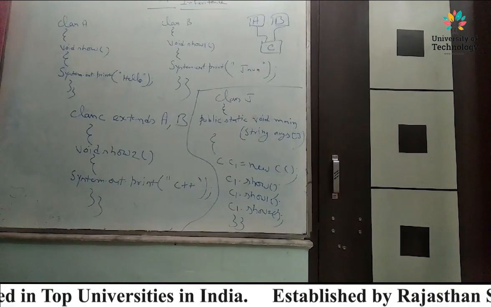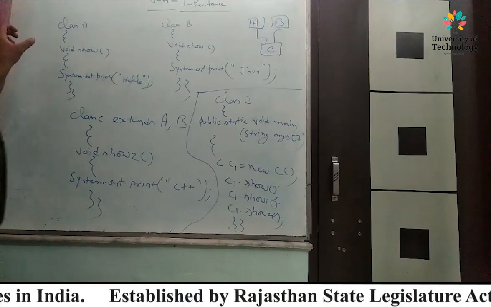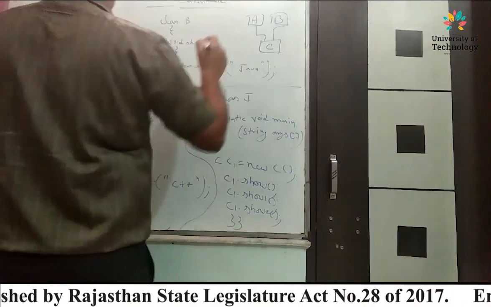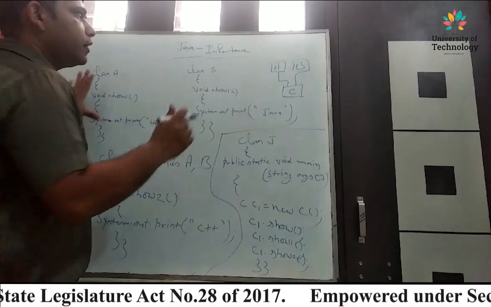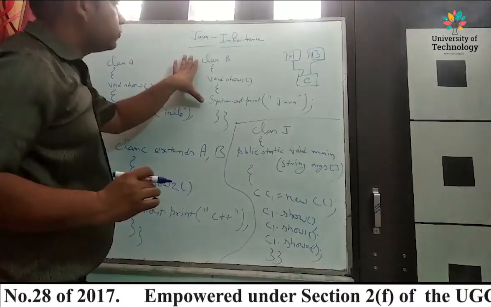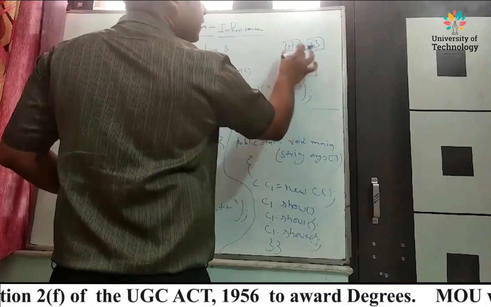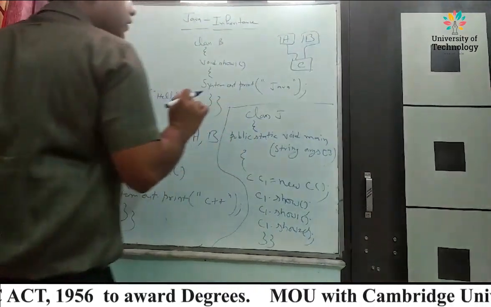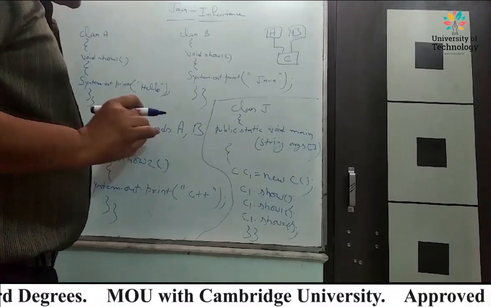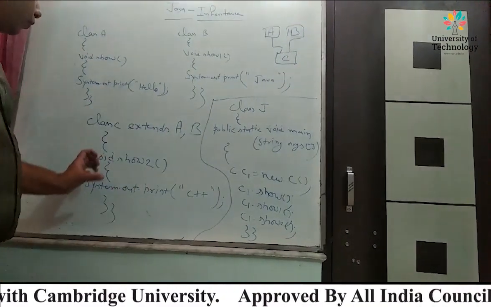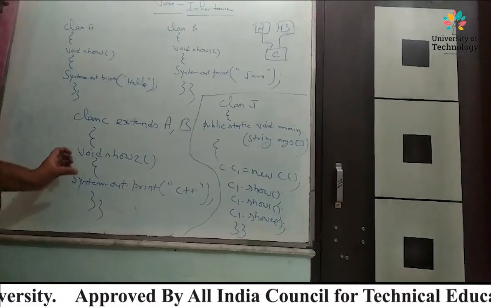So in multiple inheritance, according to the diagram, we have to make class A, next class B, and next class C, and C is attached with A and B. Class C extends A and B, with void show2, system.out.print C++.